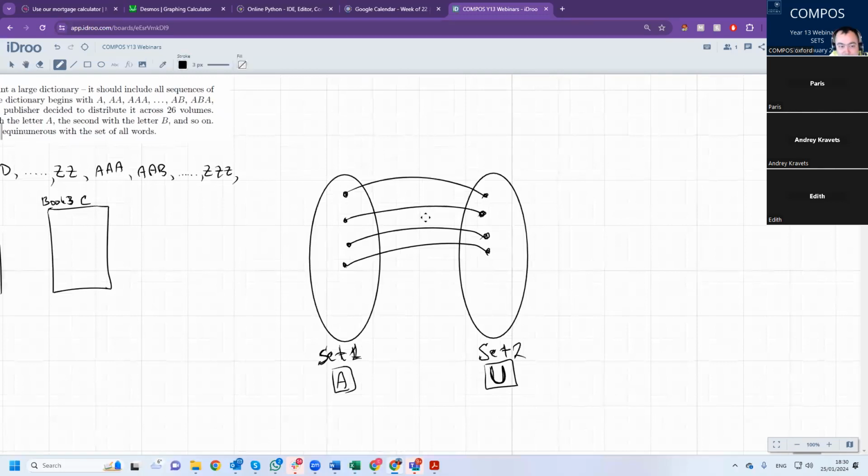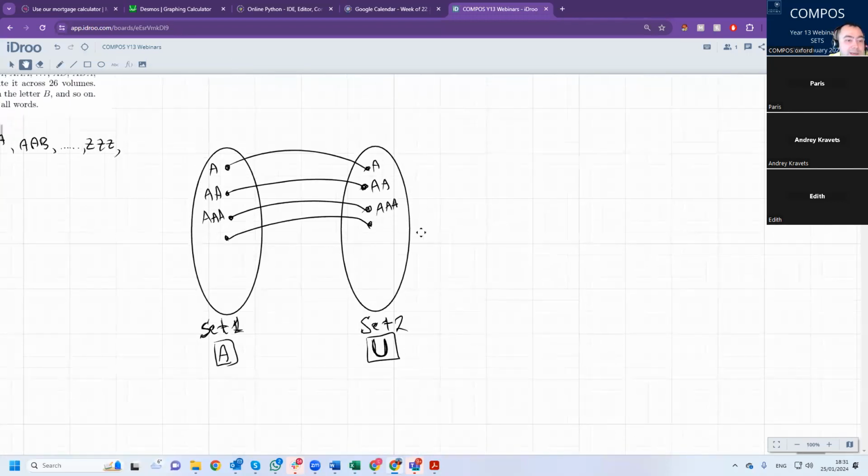onto themselves, because both dictionaries obviously contain words containing A's. So A maps onto A, AA maps onto AA, triple A maps onto triple A. So that's okay. Now, what to do with all the words that are not just A's?